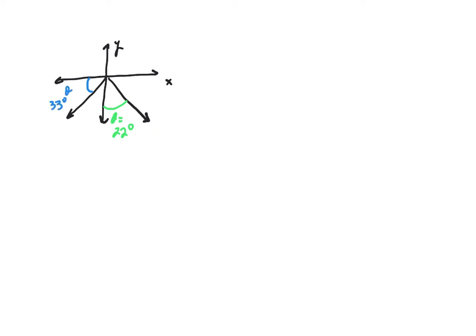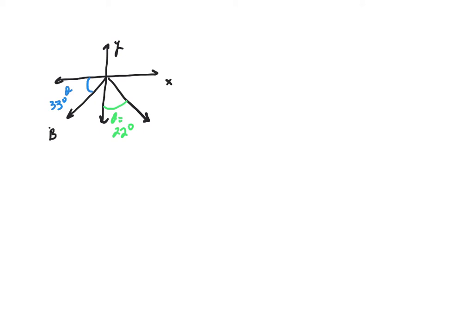So we have, there's our x, this is our y. We're given a vector b, and we're given a vector c. They're saying that from here, this is 22 degrees, and from here, this is 33 degrees.